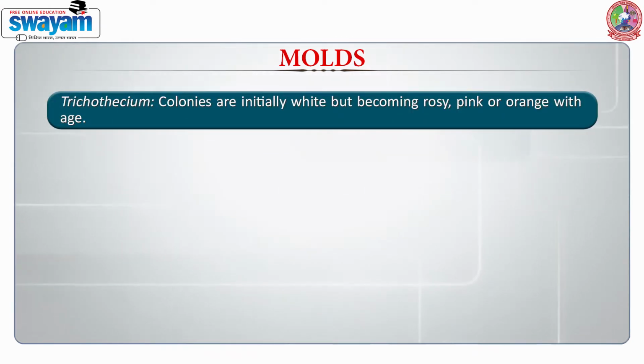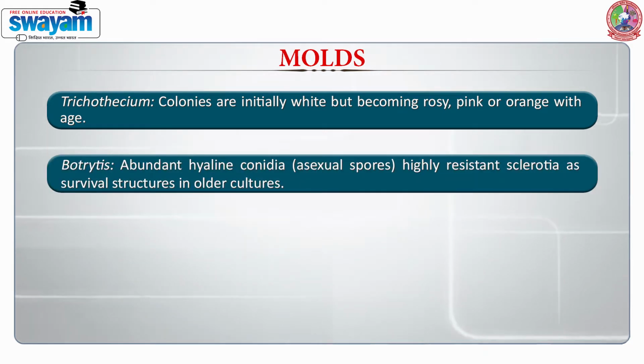Trichothecium is another fungus and these colonies are initially white, but with time they become rosy red or pink or orange with age. Botrytis is also an organism which is responsible for the spoilage and it is characterized by hyaline conidia or asexual spores.